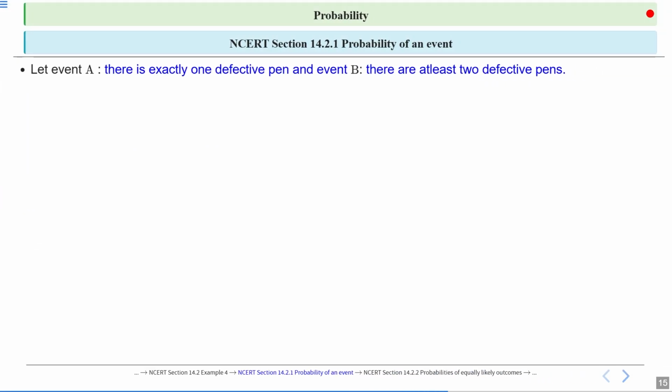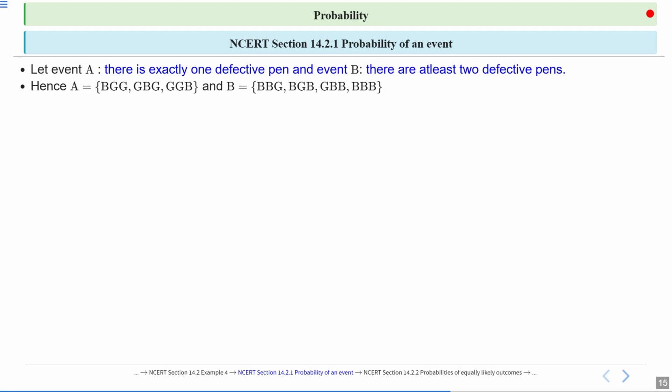So now we let here event A. So what is event A here? Event A describes there is exactly one defective pen. Okay. And what is event B here? Event B denotes the event where there are at least two defective pens. Okay, so we first let here event A and event B. So hence here A is nothing but the set BGG, GBG, and GGB.